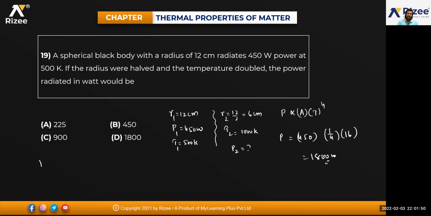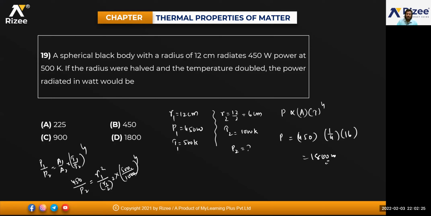P1 by P2 is equal to A1 by A2 into T1 by T2 to the power of 4. P1 is already given as 450, divided by P2, equals area, that is radius only, so 4 pi R square, that is R1 square, divided by R2, that is R1 by 2 whole square, into T1, that is 500, divided by 1000 to the power of 4.